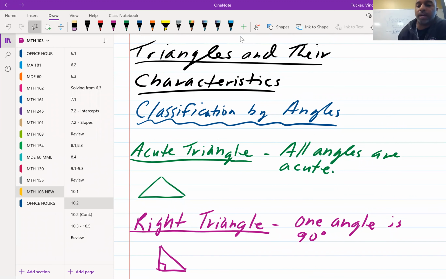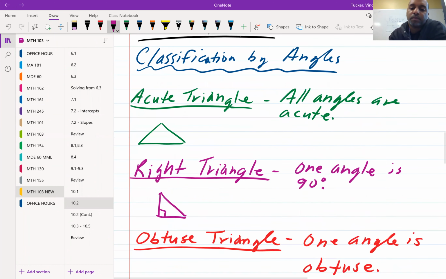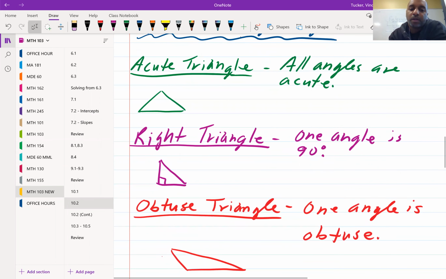A right triangle, one angle is 90 degrees. Third one, an obtuse triangle, one angle is obtuse.